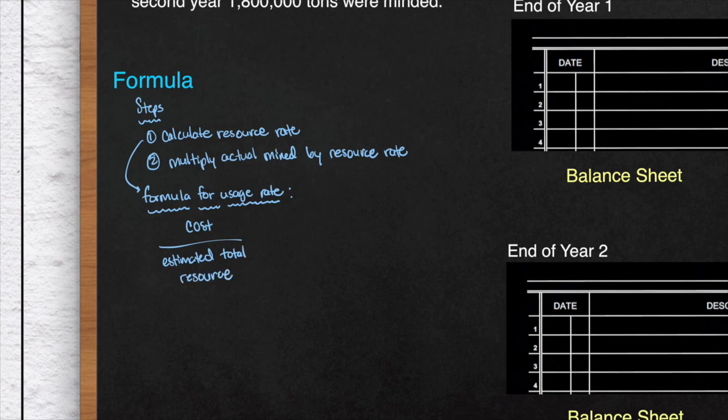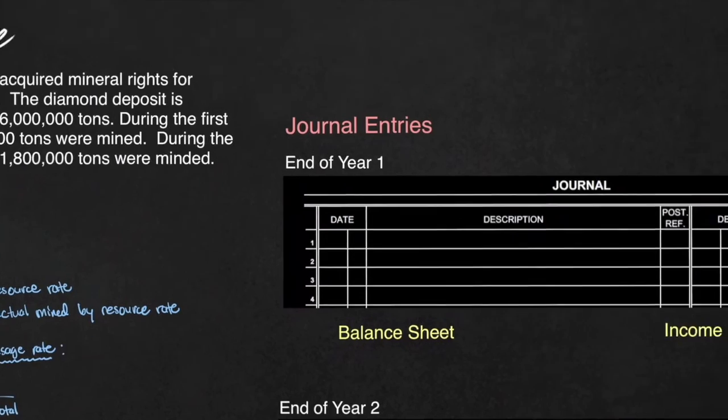Notice that we don't subtract any salvage or residual value because there is none. So cost divided by the estimated total of the resource, which in this case is the diamonds.